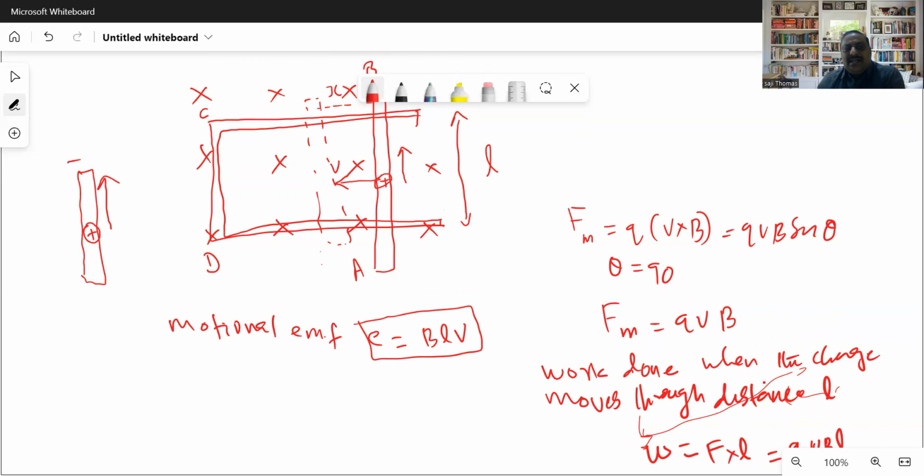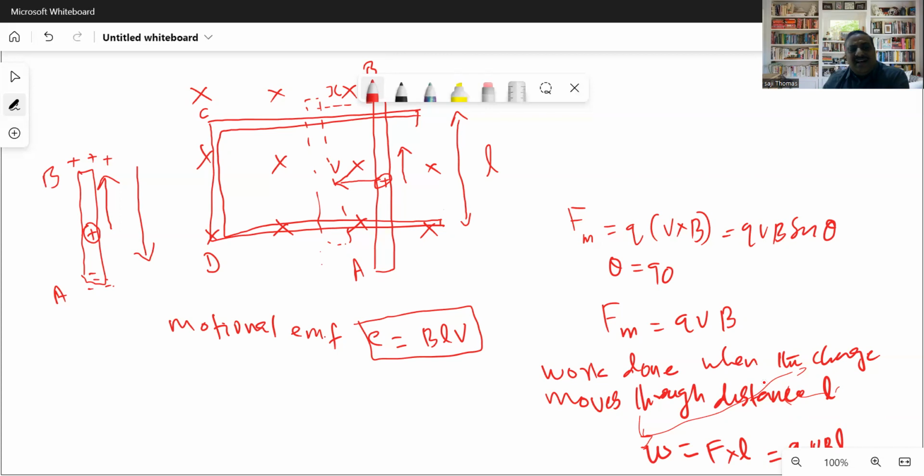That means positive charge will be accumulated on the top end, and negative charge will be accumulated on the lower end. So there is a potential difference, or there is an electric field. There is a force due to this electric field also. This electric field direction is in this way.